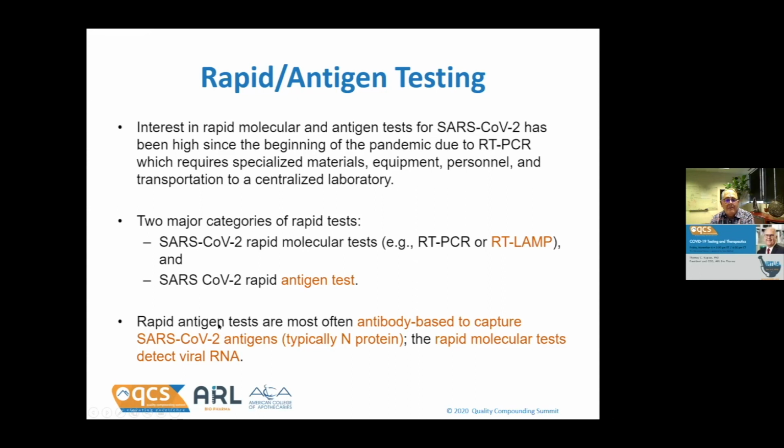These rapid antigen tests are most often antibody-based to capture that SARS-CoV-2 antigen. And typically it's the N protein. I wanted to bring that out because that's how the test was designed. And we illustrated what part of the protein on one of the earlier slides. And the other is the rapid molecular test detecting viral RNA.